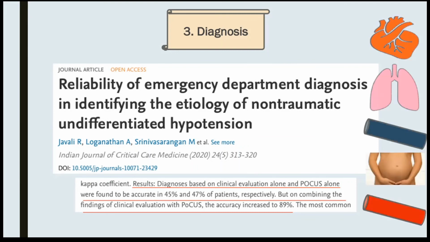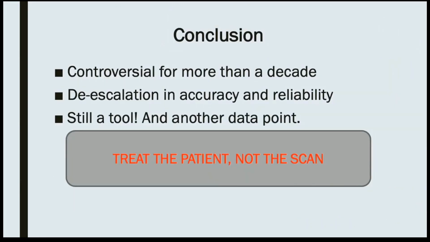They looked at the heart, lungs, IVC, abdomen, and aorta in the one check. If you use that with your clinical gestalt, then ultrasound is a great addition to your clinical skills.